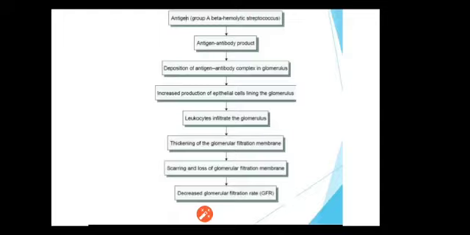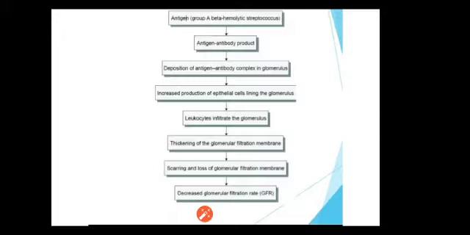If at any time there is any antigen entering into the body, there is formation of antibodies in response. So together they form antigen antibody complex or antigen antibody product in the circulation.